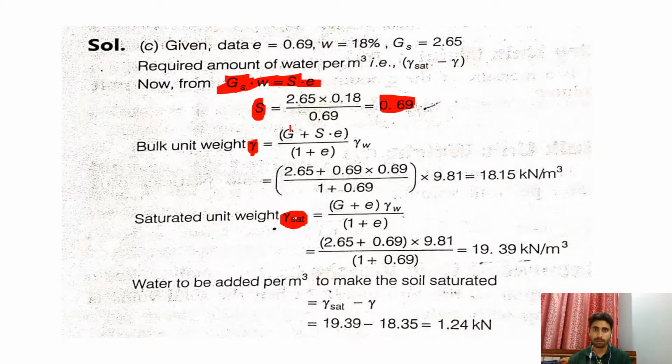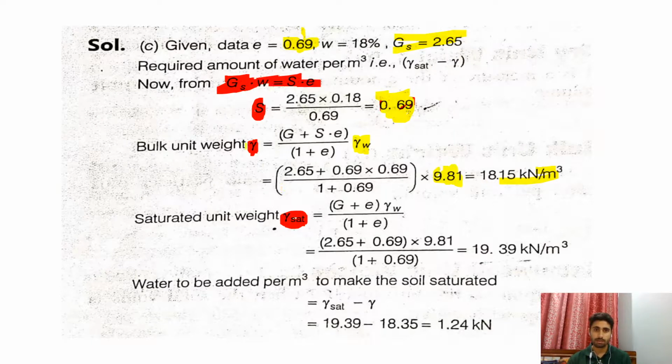So for bulk unit weight, you can use this formula: G plus S E upon 1 plus E into gamma W. All the values are known. G is known, S is known, E is known, and gamma W in kilonewton per meter cube is 9.81.